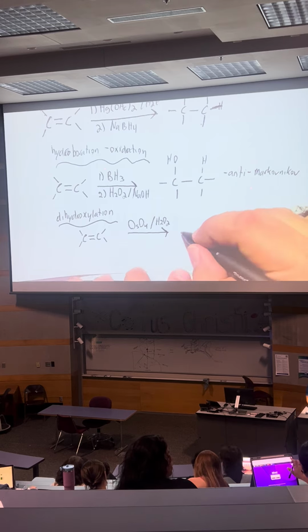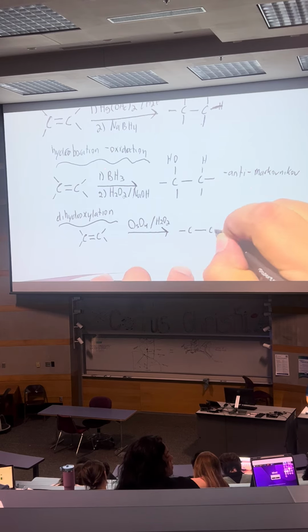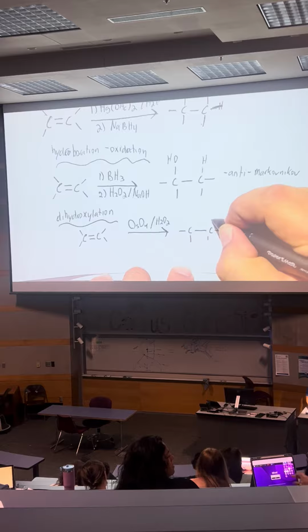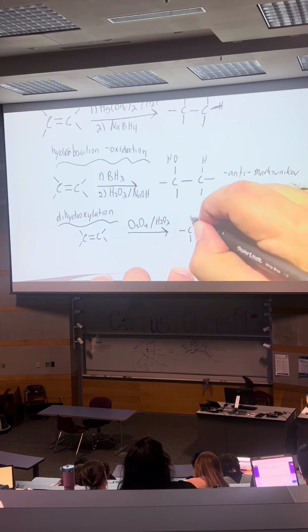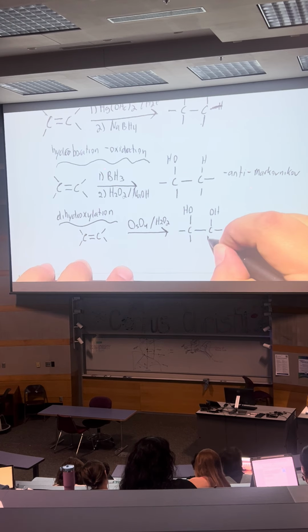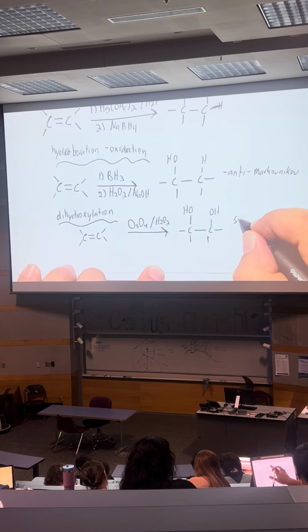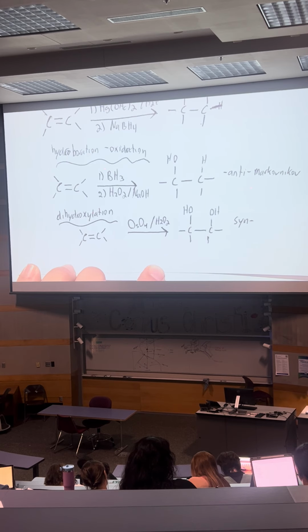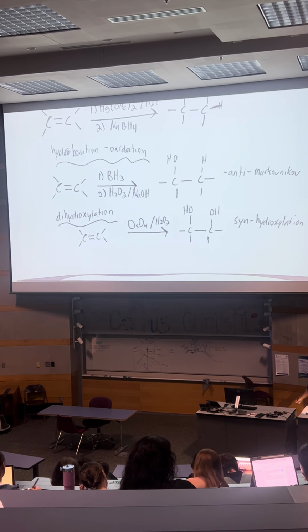It basically oxidizes both of the carbons involved in the double bond so that you generate a 1,2 diol. The stereochemistry of the 1,2 diol is really important because this follows what is known as syn hydroxylation, meaning the hydroxyl groups are added from the same side.